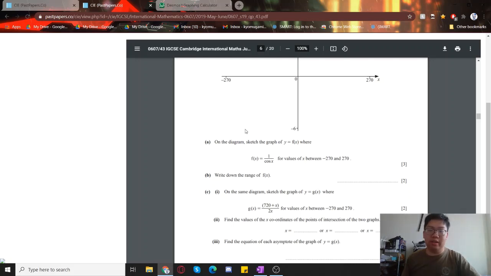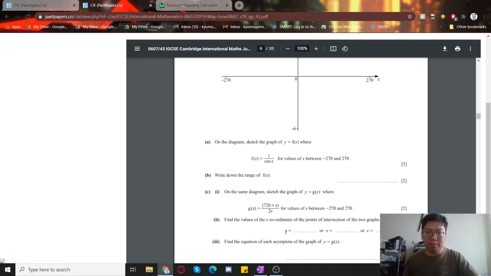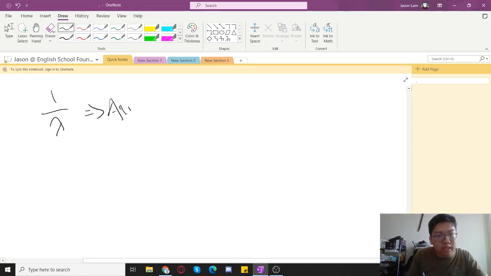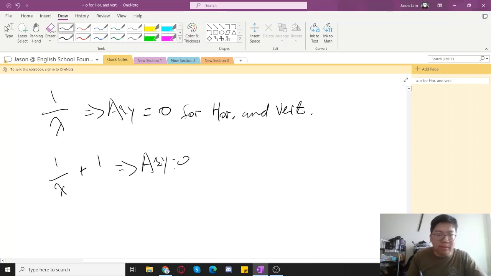Yeah, 0.5, and x is equal to 0 because we know from the general rule that if it's 1 over x, then x equals 0, but if it's 1 over x plus 1, asymptote, I'm just writing asymptote for short. Don't do this in the actual exam.